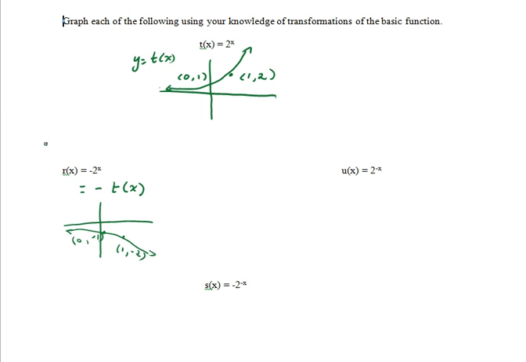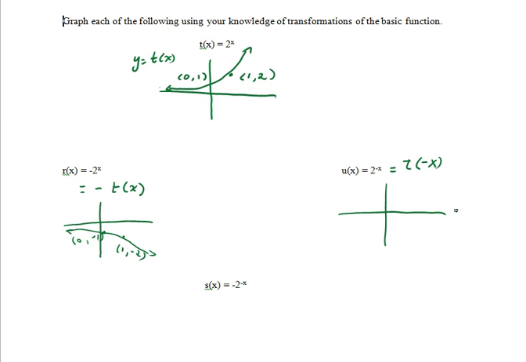Going across to u of x equals 2 to the opposite of x, we notice that this is the same as t of the opposite of x. So it's the same as taking the graph of y equals t of x and reflecting it across the y-axis.